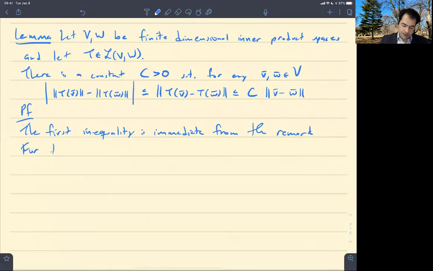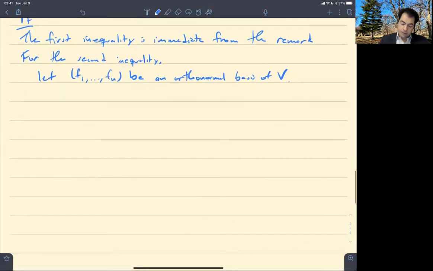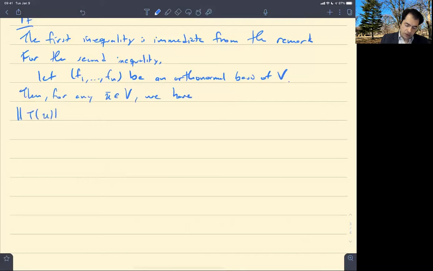For the second inequality, let's start by picking f1 through fn an orthonormal basis of V. Then for any vector, call it U in V, we have, okay, let's compute the norm of T of U.